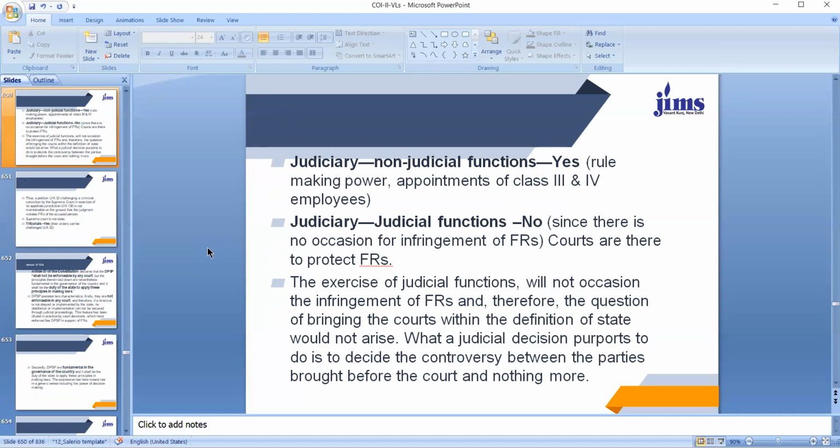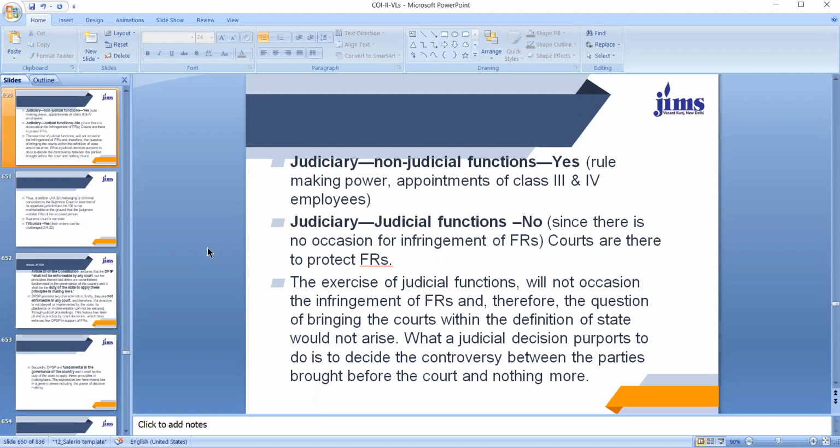Likewise, on criminal side, Court of Judicial Magistrate, Court of ACJM, Court of CJM, Assistant Session Judge, High Court, and finally the Supreme Court. They constitute the hierarchy of judiciary in India. So whether judiciary is included in the definition of state?